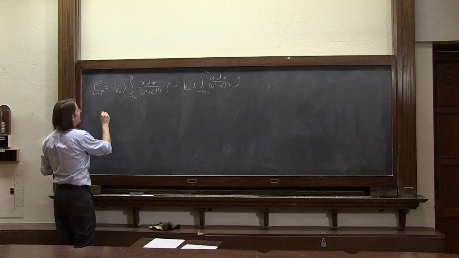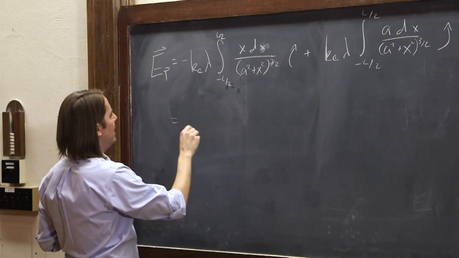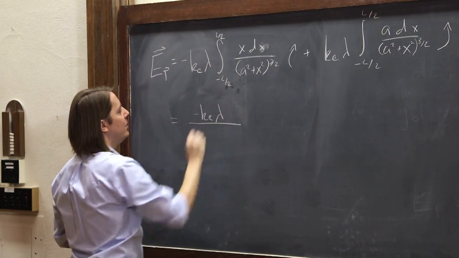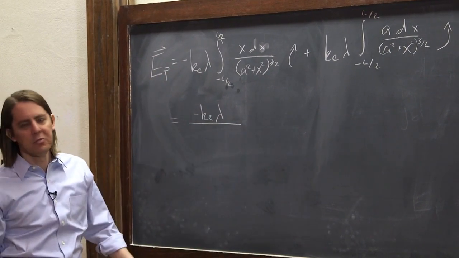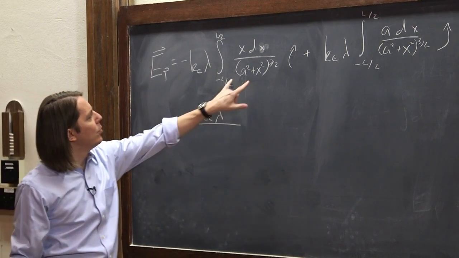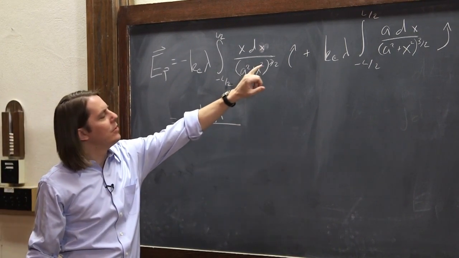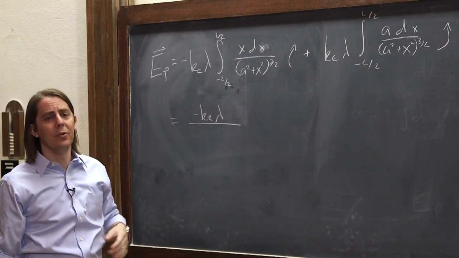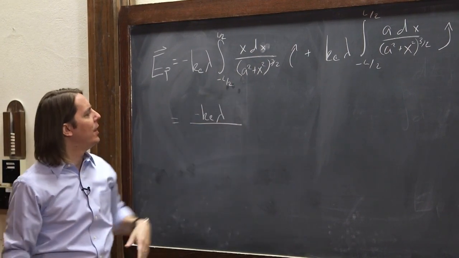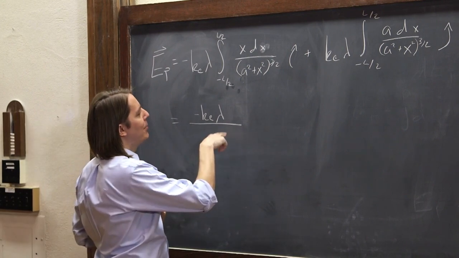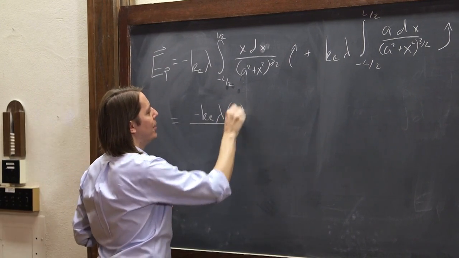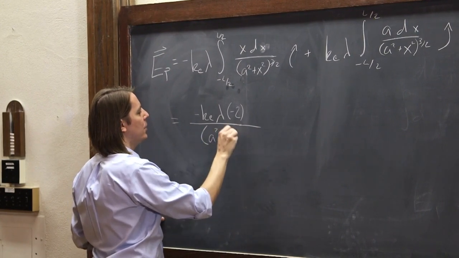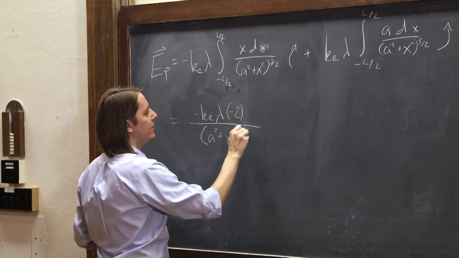So EP here on the I hat is, what's it going to be? Well, it's minus Ke lambda. You can always just write down the constants, not a problem. And we're integrating a squared plus x squared to the minus 3 halves. So if we would just want to do that the normal way, the exponent would become minus 1 half, so you would divide by minus 1/2, which is like multiplying by minus 2, and you'd write a squared plus x squared to the 1/2.